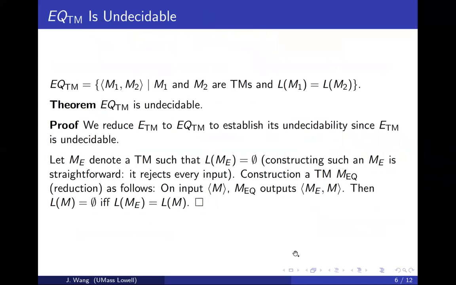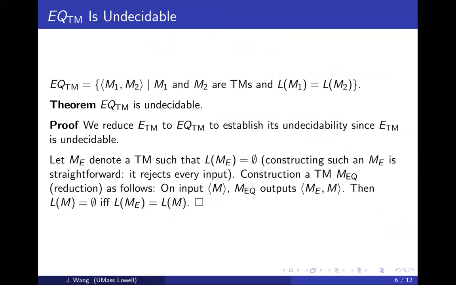Similarly, we're going to look at EQ sub TM. EQ means equal. You're given an encoding of two Turing machines, M sub 1 and M sub 2. You want to know whether M sub 1 and M sub 2 accept the same language. This is not decidable.